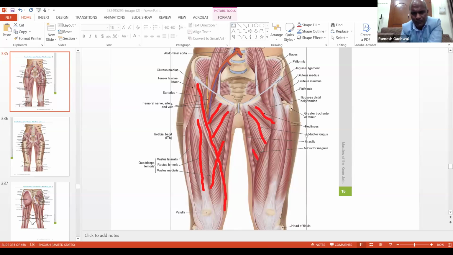Then these muscles and these muscles are also extensors of the knee. This is vastus lateralis and this is the vastus medialis. And it is the patella.